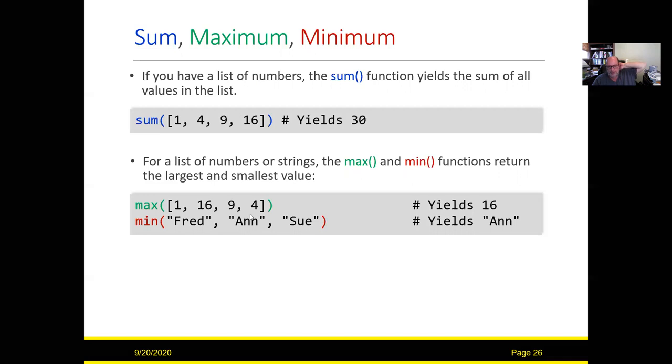So uppercase A is 65, lowercase a is 97. So that's the way it's always going to check it. It's going to check the first character, and if it has the same character in another one, it's going to go to the next one, and that's the way it's going to check to see which one is smaller, which one is larger. The maximum, minimum, and the sum. Those are the functions available. We can use them. We don't have to write the algorithm to do it.